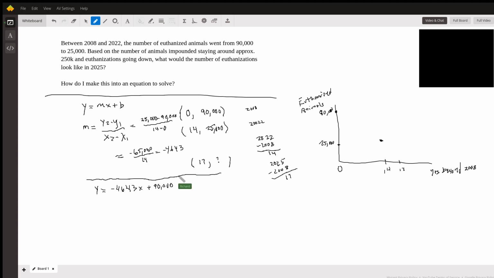Okay, so now we have our equation, and now we're going to use it to find this value. So we're going to plug in 17 for x and see what we get for y. So y is equal to negative 4643 times 17 plus 90,000.